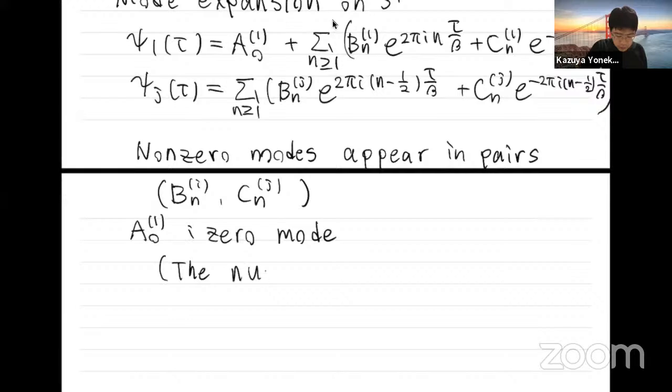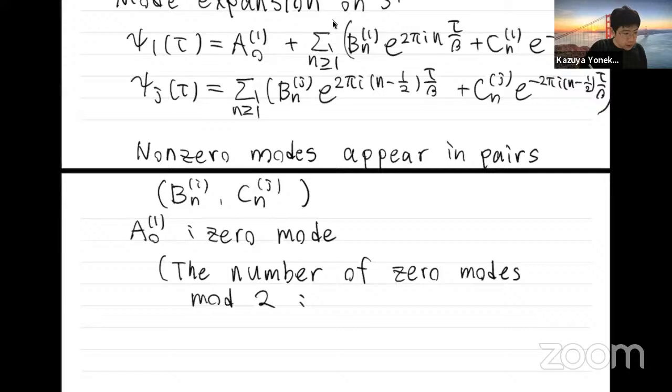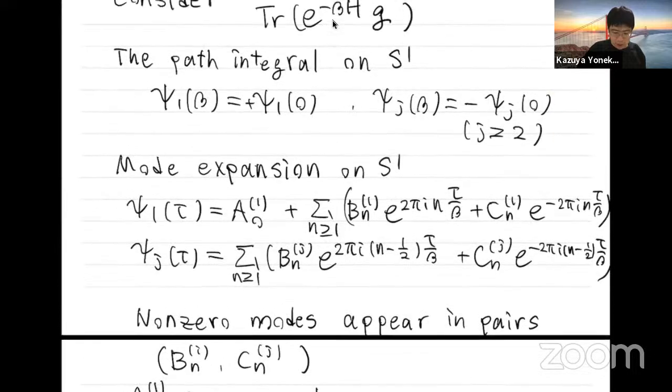The number of zero modes mod 2 in this situation is called the mod 2 index. And in this simple situation, you can easily check that this number of zero modes mod 2 is really topologically invariant.